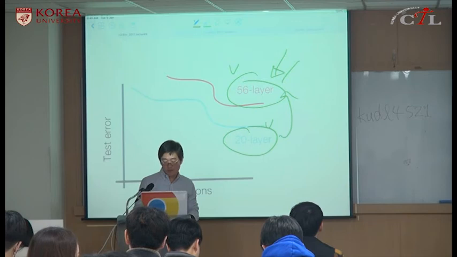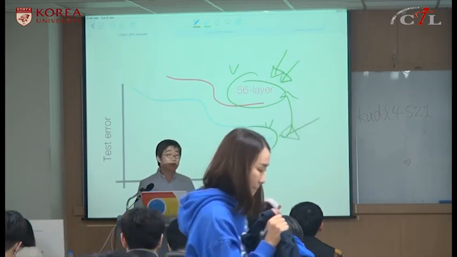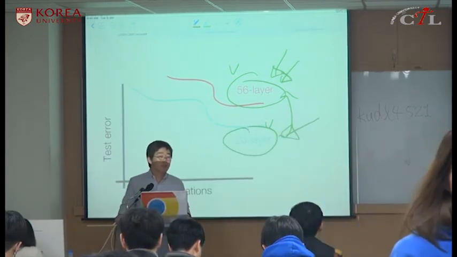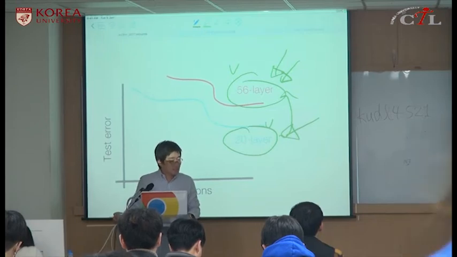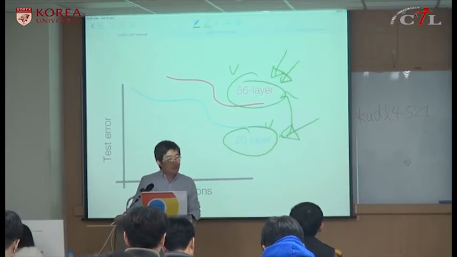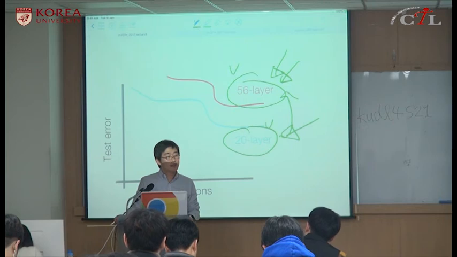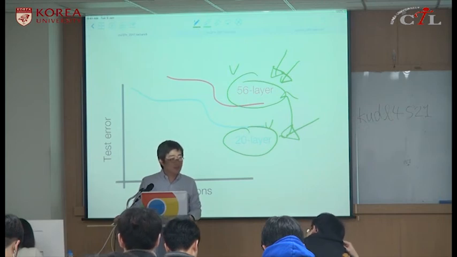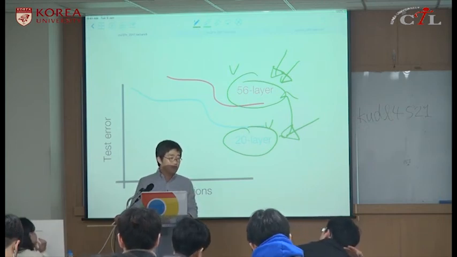So a more complex one sometimes works worse than the simpler one for the test data, and that is because of overfitting, right?